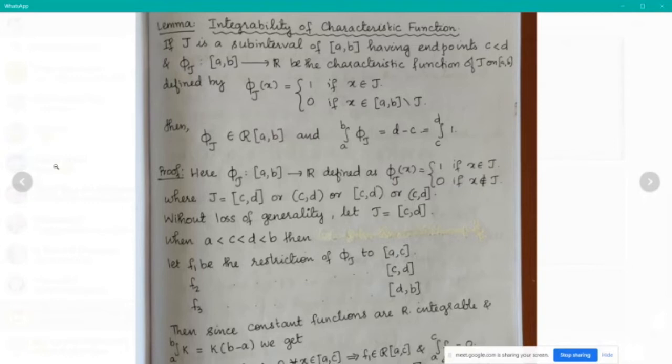D minus c is same as the integral of the constant function 1 defined on closed interval CD.